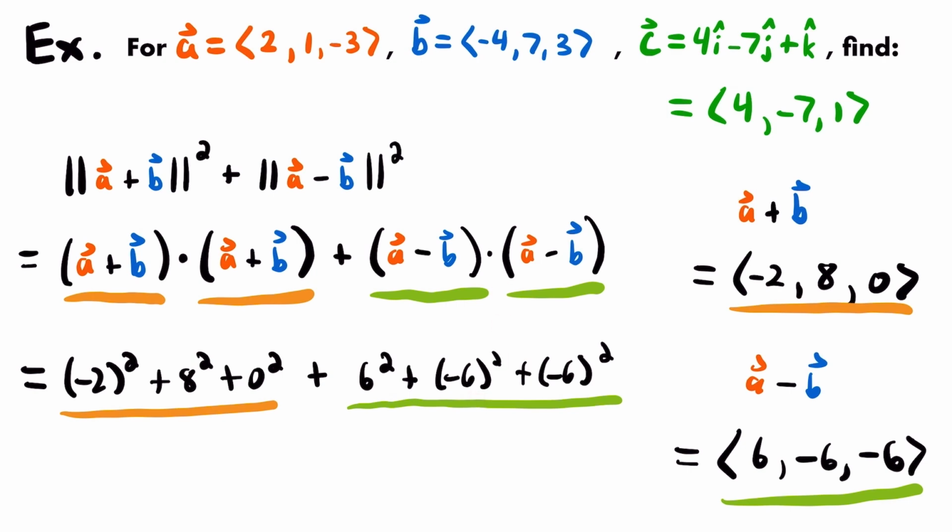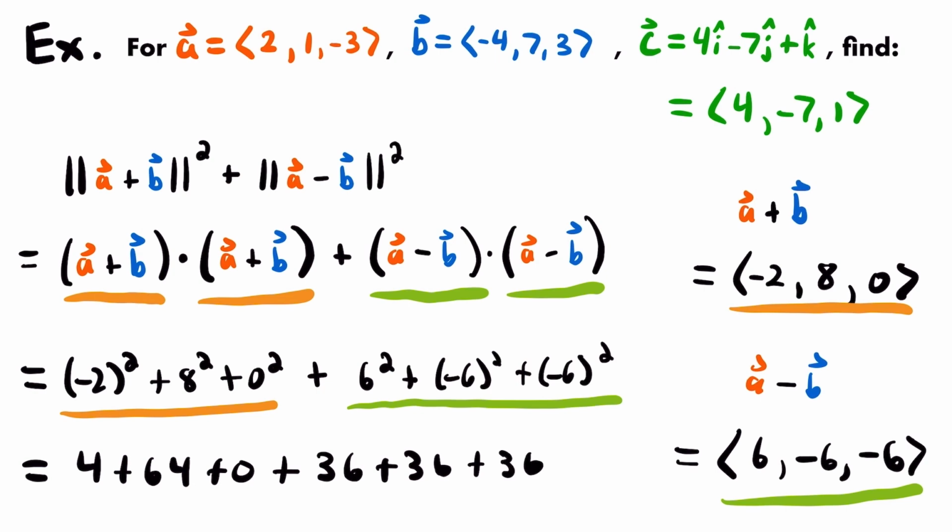Okay, now if we simplify, this will be equal to positive 4 plus 64 plus 0 plus 36 plus 36 plus 36, right? Negative 2 squared is 4, 8 squared is 64, 0 squared is 0, 6 squared is 36, and negative 6 squared is 36, and we have that twice, so we have 2 more 36s.